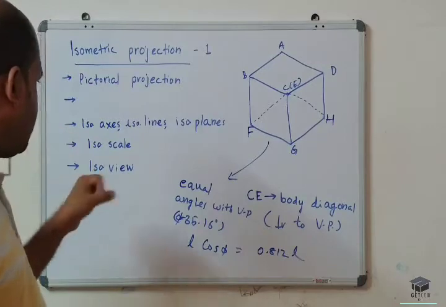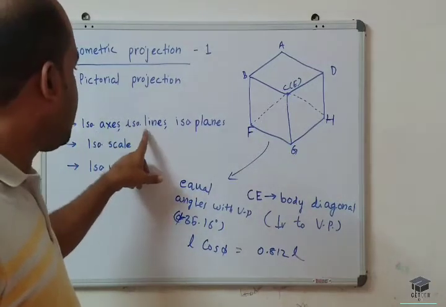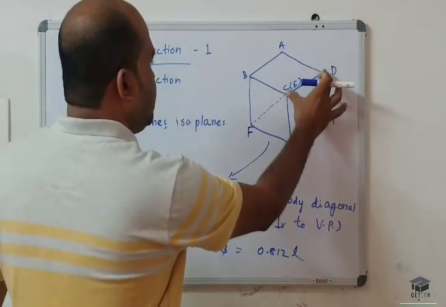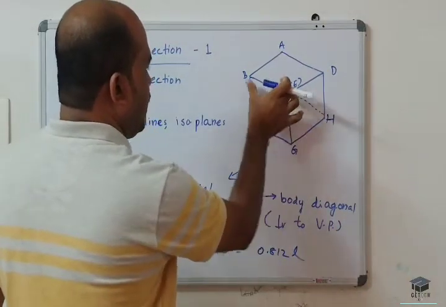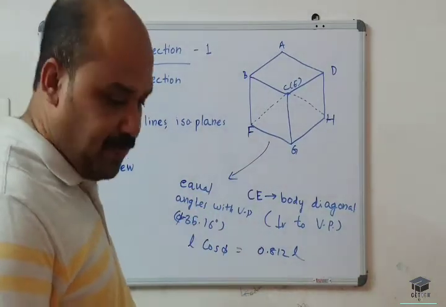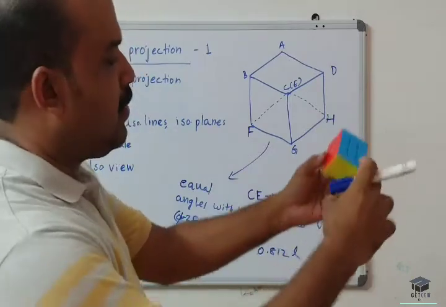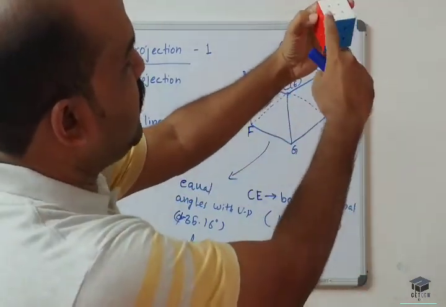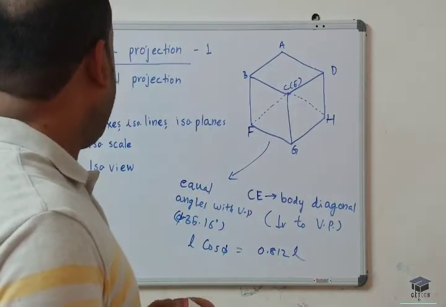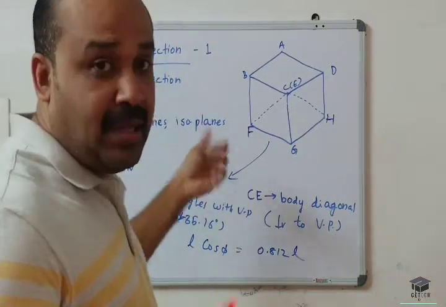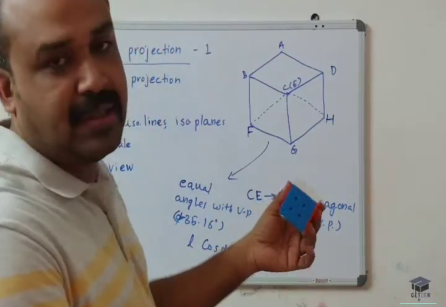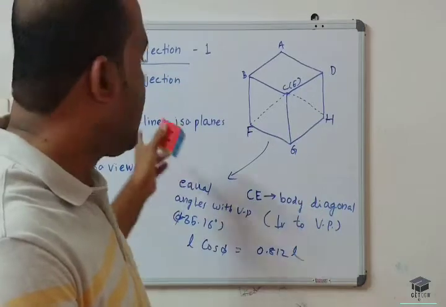Now there are terms like isometric axis, isometric lines, isometric planes. Isometric axes are these three lines: CD, CG, and BC. Then isometric lines are lines which are parallel to the isometric axes.